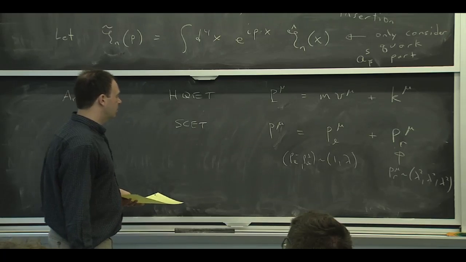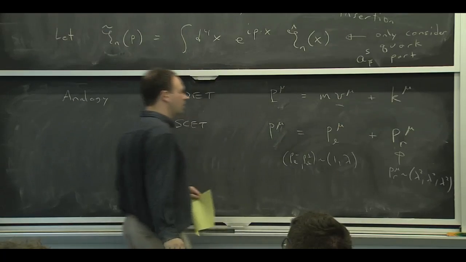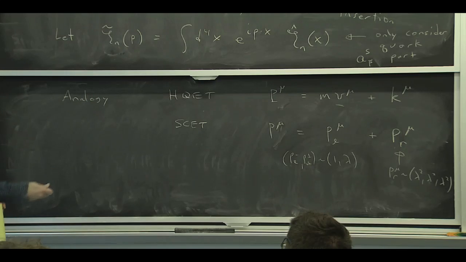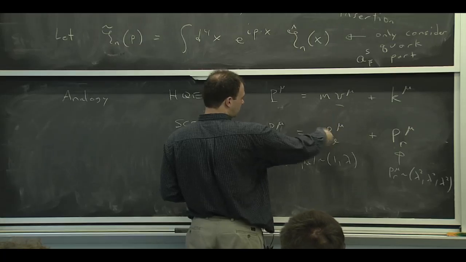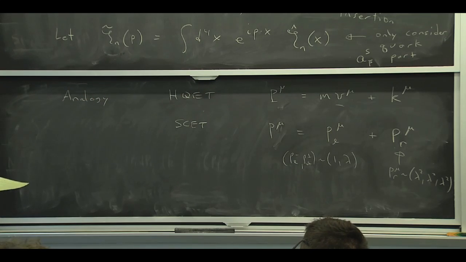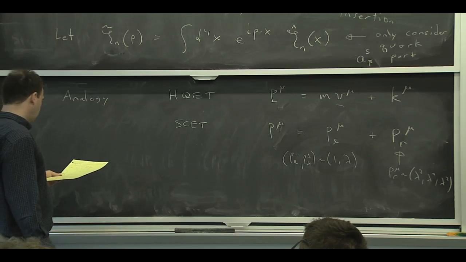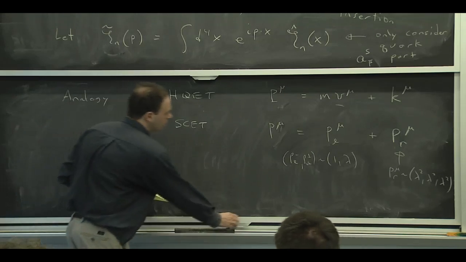We'll see why that's a good language next time. But it's kind of connected to the idea that in the HQET, we labeled the fields by this V. And we're going to see that for at least some of the interactions, it's a reasonable way of thinking of these large momenta as just labels on the fields. OK, so we'll talk more about that next time. I think I don't want to go further with it.